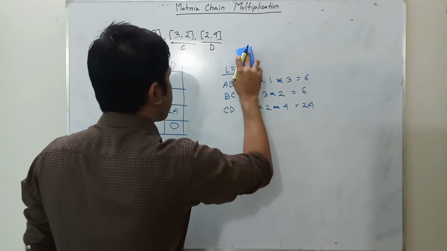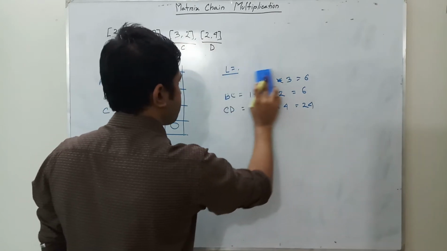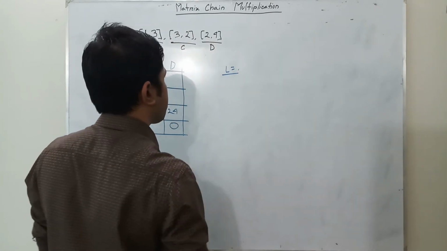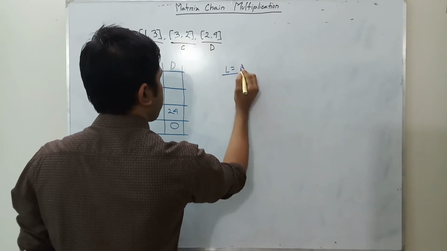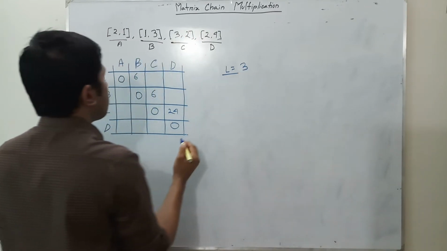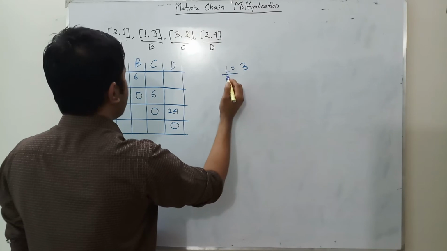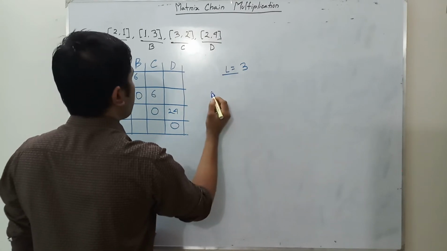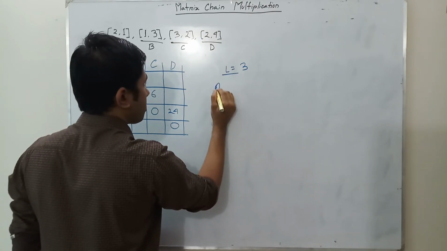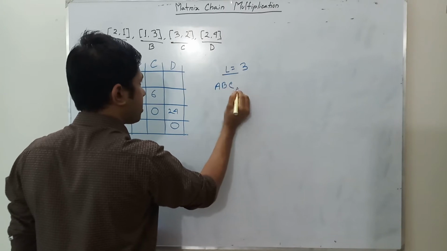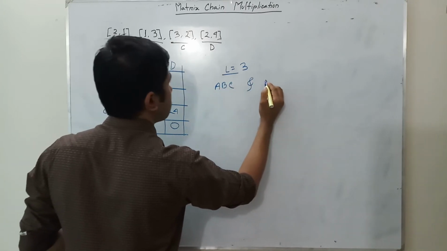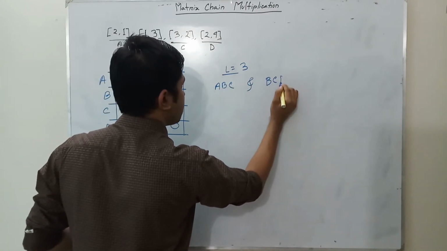Now we will see when the chain length will be 3. When the chain length L is 3, then we will have ABC and also BCD.